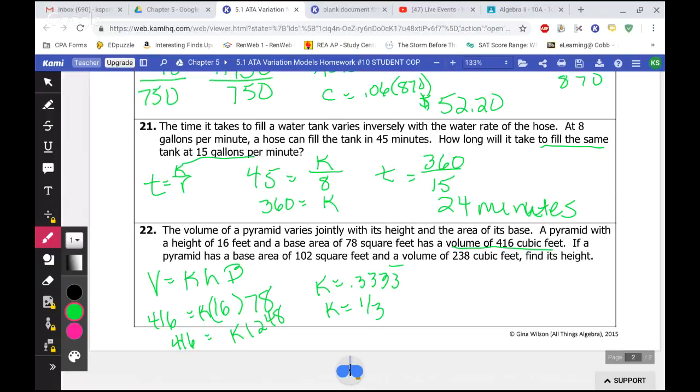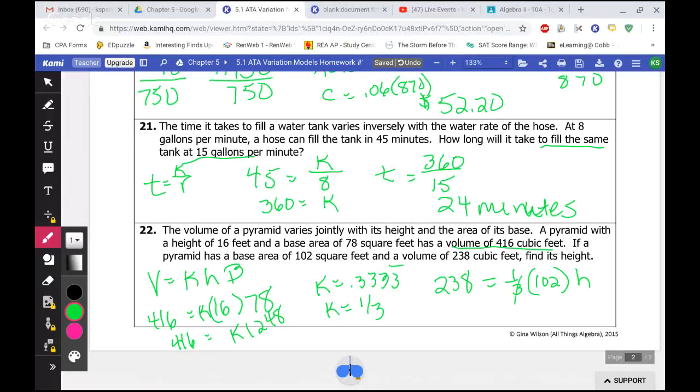If a pyramid has a base area of 102 square feet, we don't know its height, but we do know its cubic feet as 238. Over here, we've got 1/3 times 102.